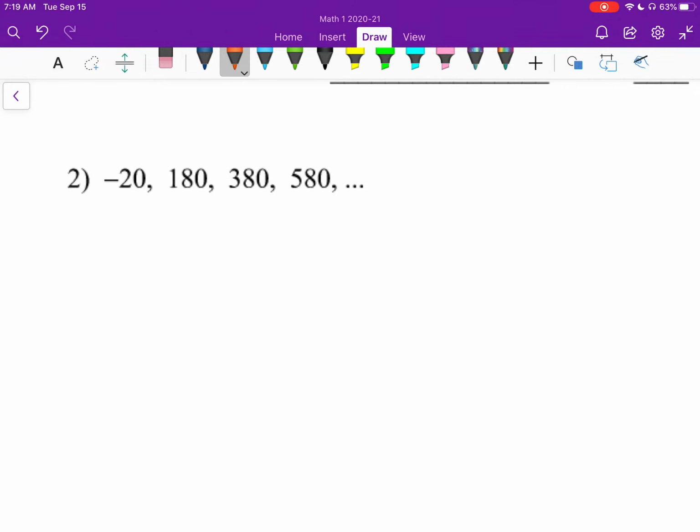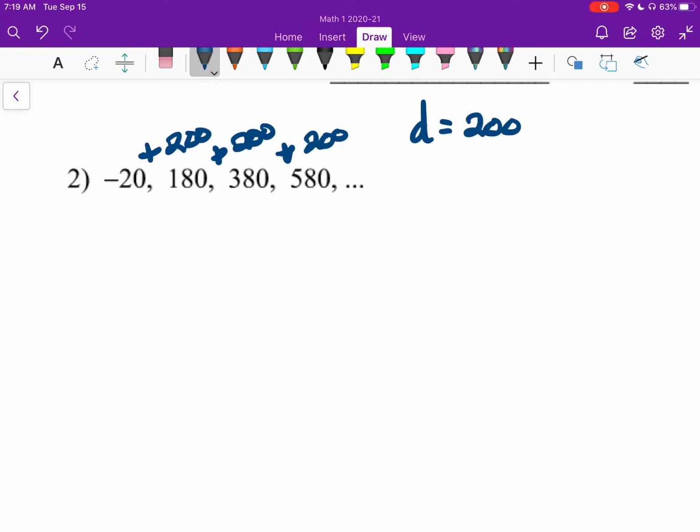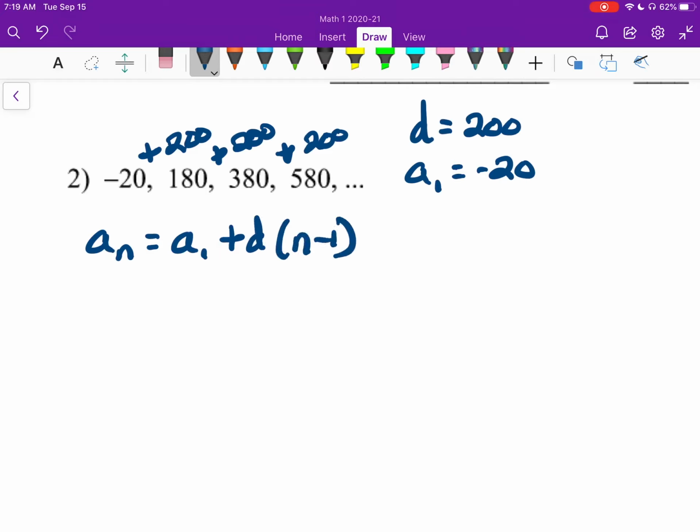All right, from -20 to positive 180, I added 200. From 180 to 380, again, 200. 380 to 580, 200. So my common difference is positive 200. A sub 1 is -20. So I have my formula, a sub n equals a sub 1 plus the common difference times n minus 1. Now all that I have left is just to plug in.